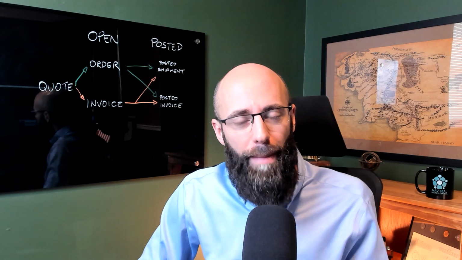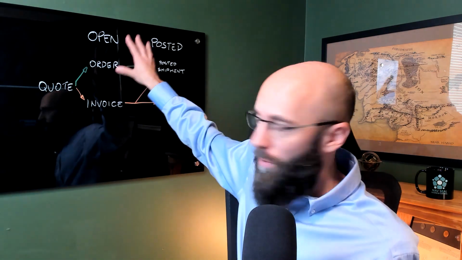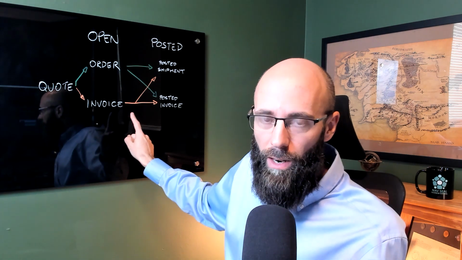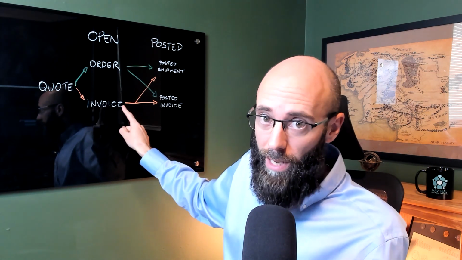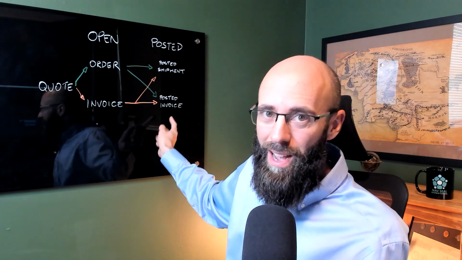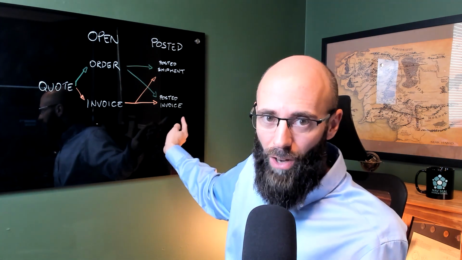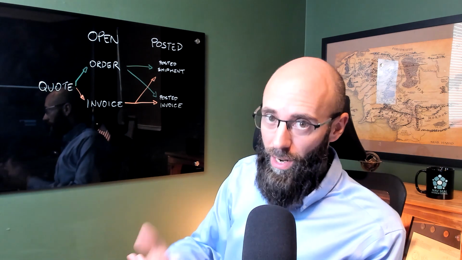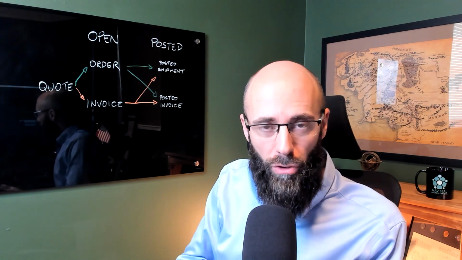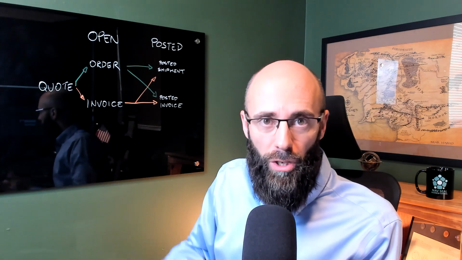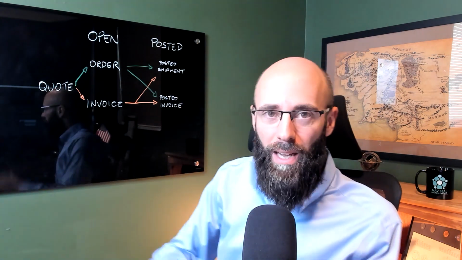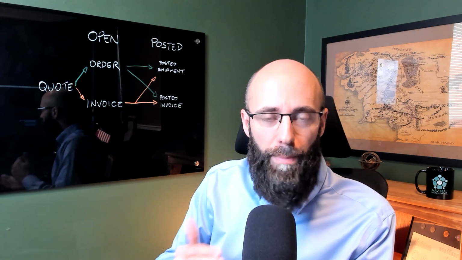Now, as I mentioned earlier, there is a difference between an open document and a posted document. As you can see here, we have two terms: the sales invoice and the posted sales invoice. The difference is that this document has been registered and therefore it has affected the GL entries in the system. So while it is technically possible to delete this document, the actions have already been registered.